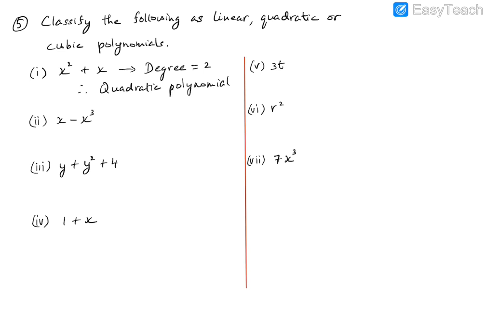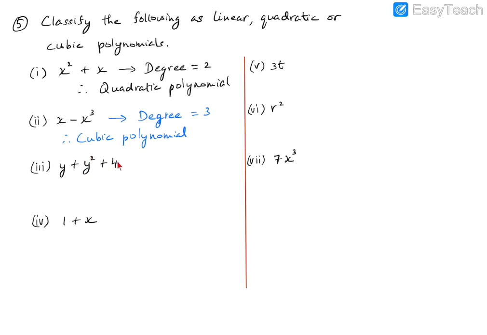Okay, now let's look at the second example, the highest power in this expression is 3. So that means the degree of this polynomial is 3. So we'll write this as degree equals 3, and therefore for a degree 3 polynomial we call it a cubic polynomial. So this is a cubic polynomial.